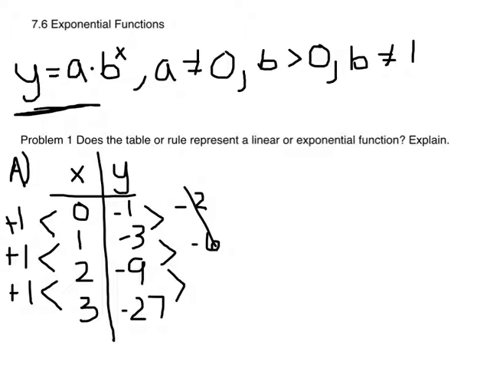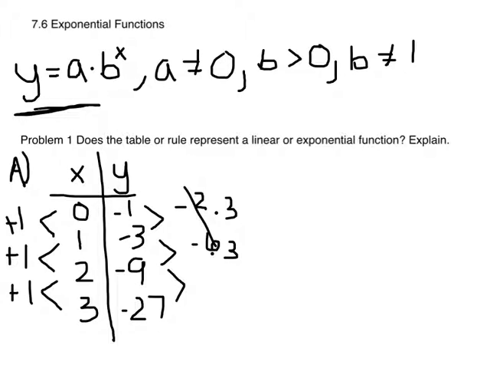So I'm going to get rid of those. So then we have to think, can I multiply each of these by the same number? And in this case, we can. If I multiply negative 1 by 3, I get negative 3. If I multiply that negative 3 by 3, I get negative 9.